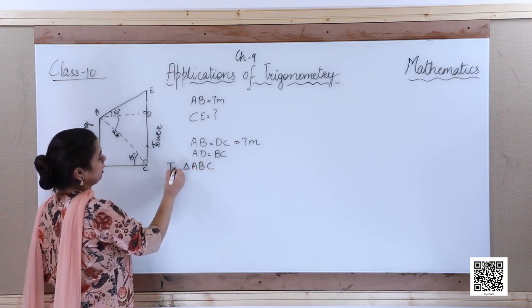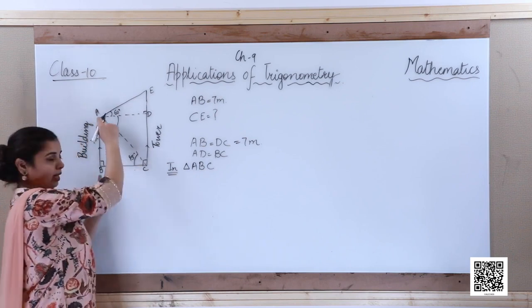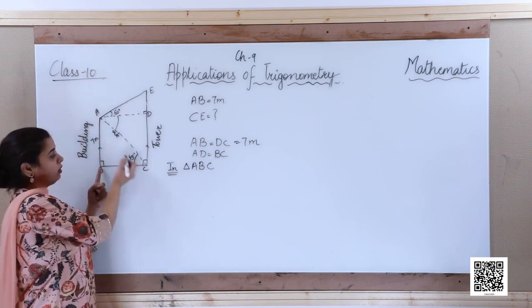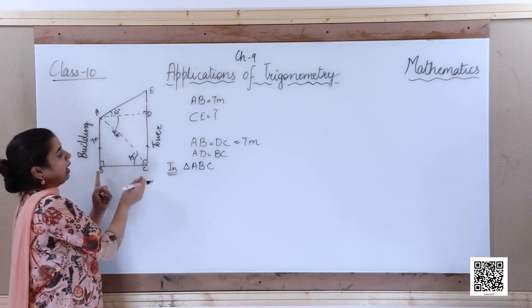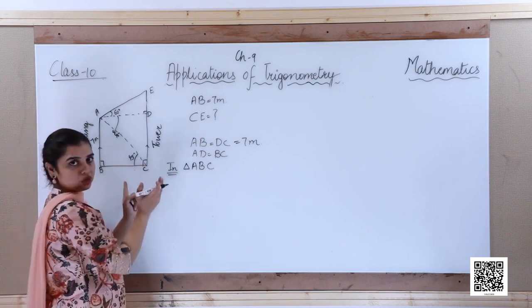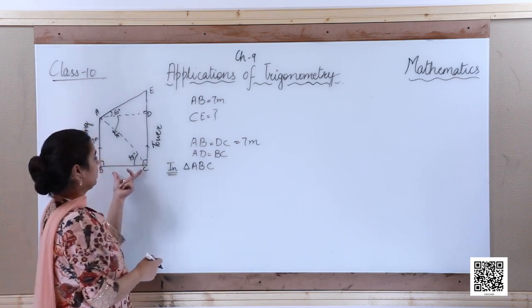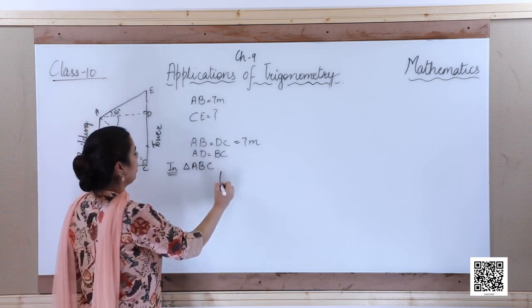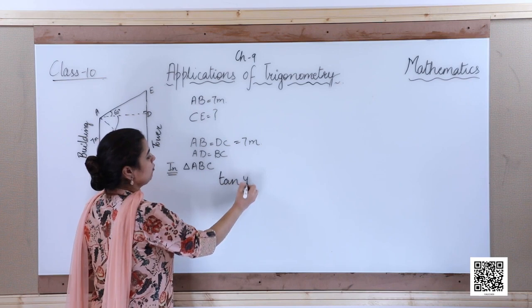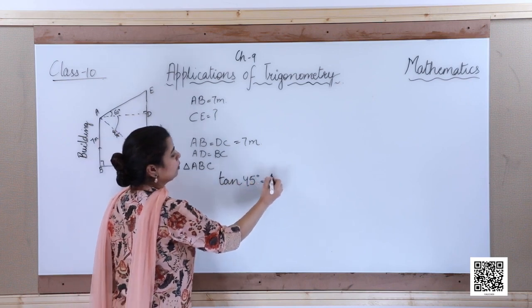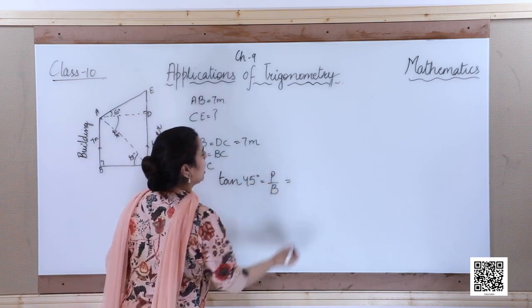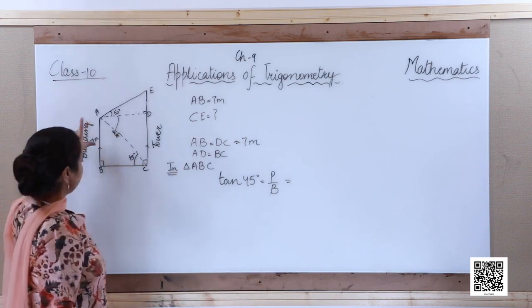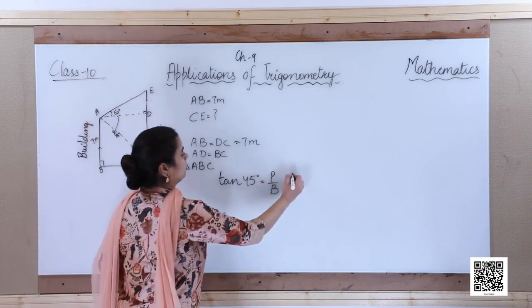In triangle ABC, I know AB, which is perpendicular with respect to 45 degrees, and I want to find BC, which is the base with respect to 45 degrees. So perpendicular and base are related with the T ratio tan. So tan 45 degrees is equal to perpendicular upon base, and in this triangle it is AB upon BC.